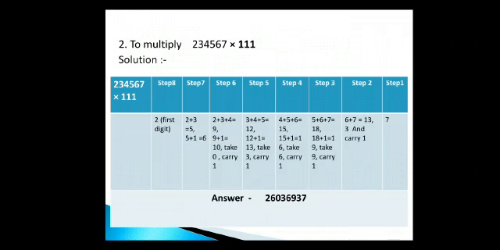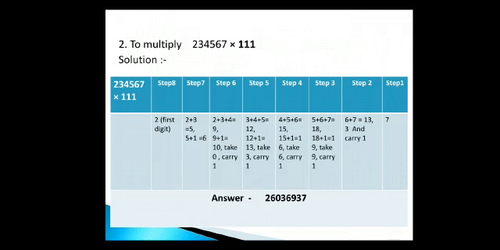In step 4, we add 4 plus 5 plus 6, which is 15, and the carry was 1, so 15 plus 1 is 16. So we write 6 and carry 1.